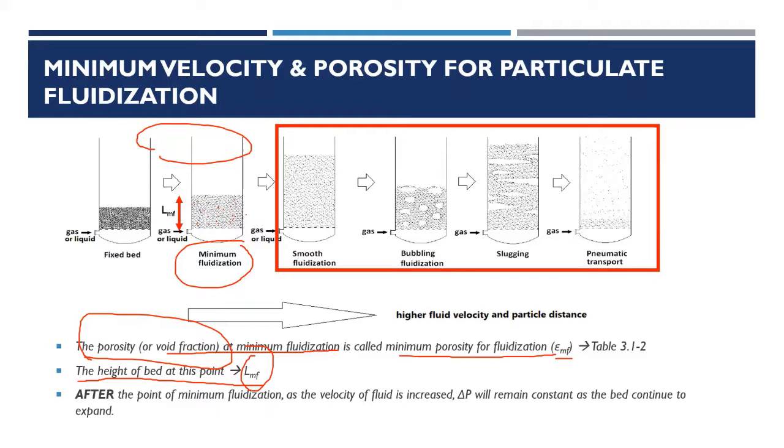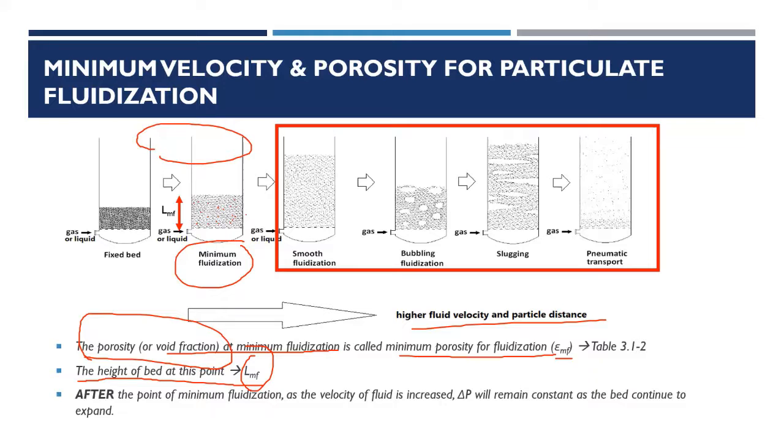After the minimum fluidization happens, as the velocity increases, the delta P will remain constant as the bed continues to expand.